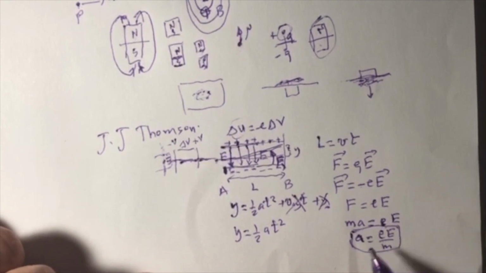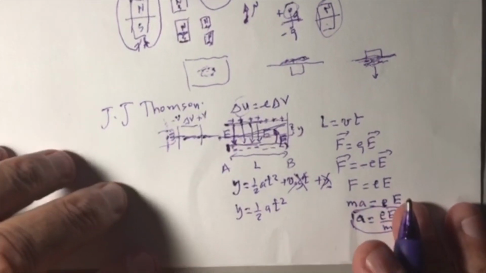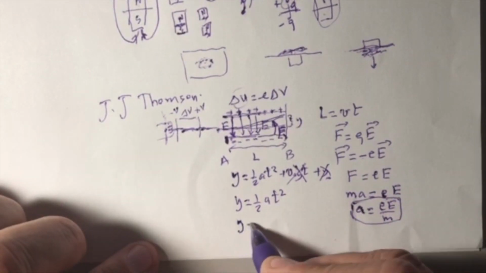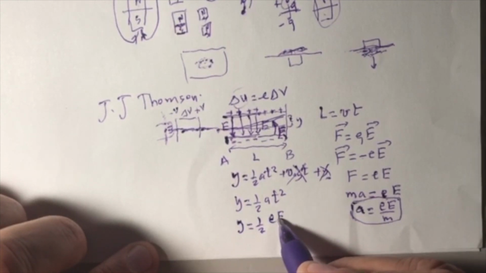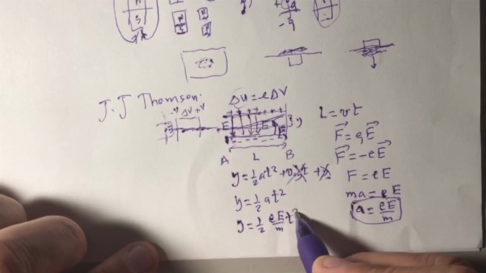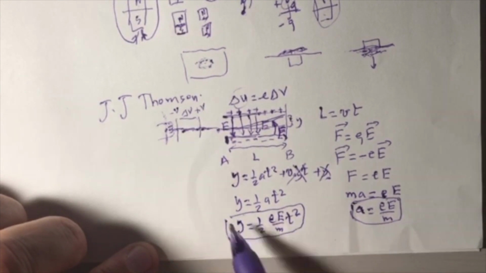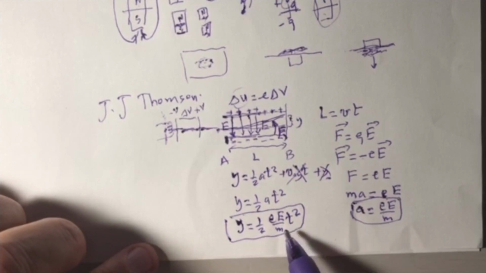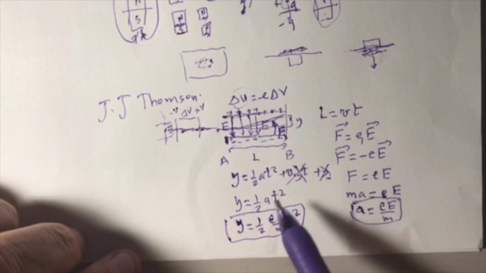Now, a, we have it, it's here. That's the acceleration. So I can write y is equal to 1/2 a, and I put here E over M and then t squared. Here is one equation. Now the problem is t, but we can find t actually.